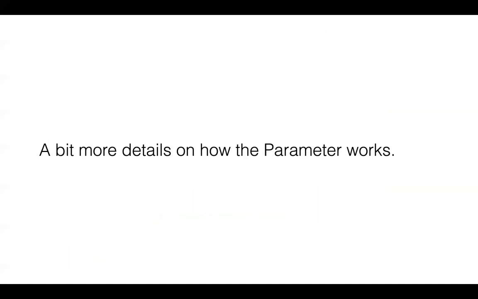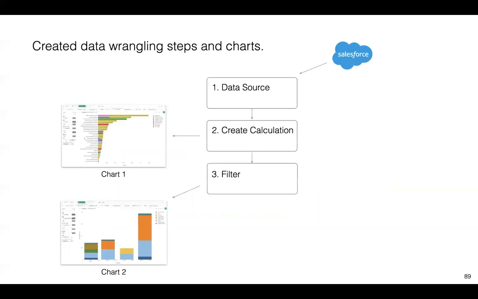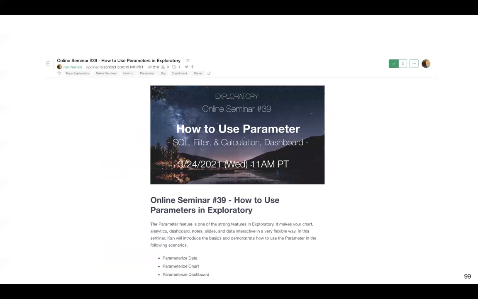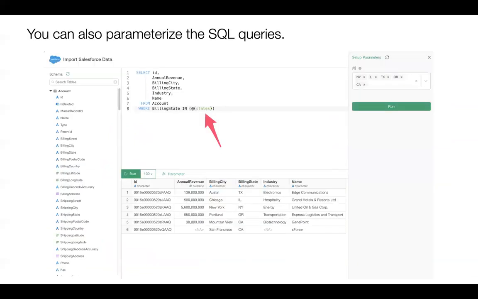There are more details on how the parameter works, because this is actually pretty cool, since you can design parameters and use them in a very flexible way. I put some of that in slides, and I'm going to share the slides after this session. If you're interested, please take a look at how you can design the parameter for your dashboard. One more thing: I introduced two ways to get the data from Salesforce, one is a UI, the other is a SQL query.